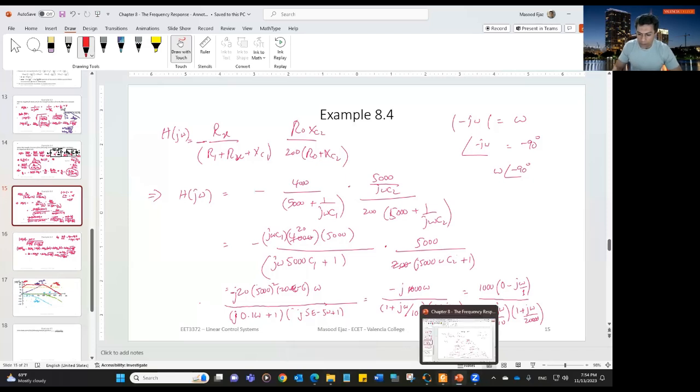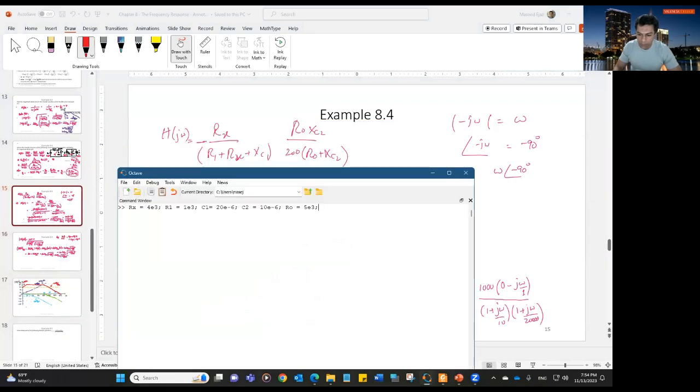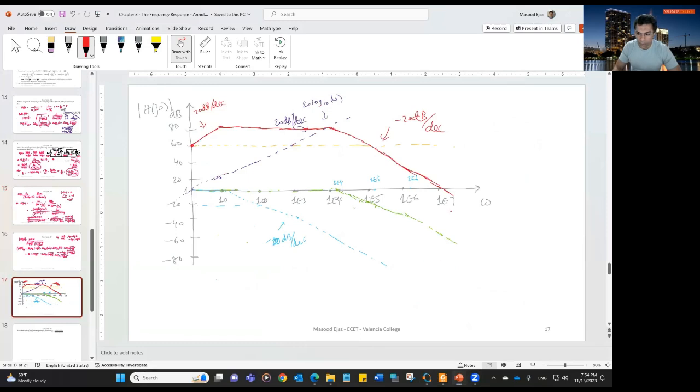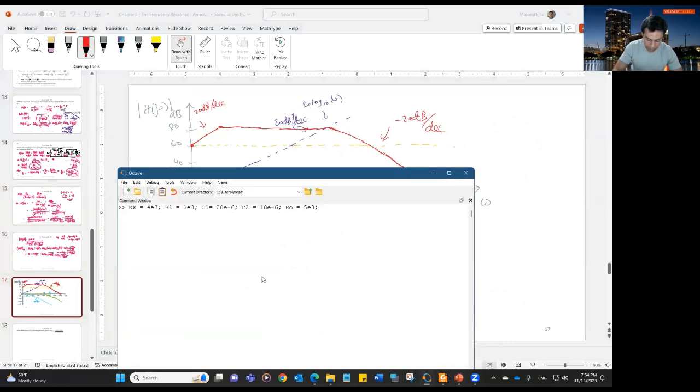Okay, so let's go ahead and define the range of omega. Where is my MATLAB? So let's define the range of omega, and we are going up to like 2 million, 20 million or something. So from 1 to 20 million. Omega is equal to 1 to 20 million.